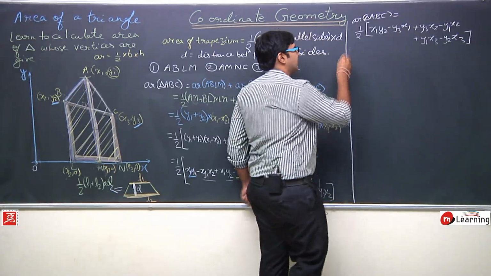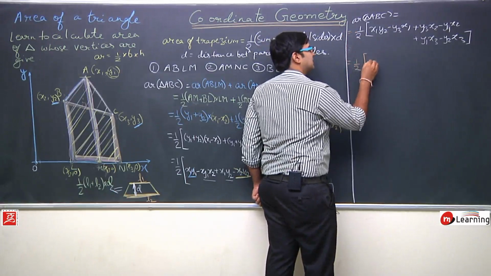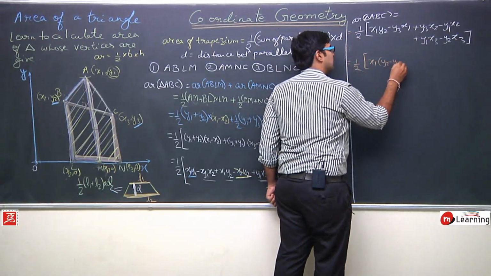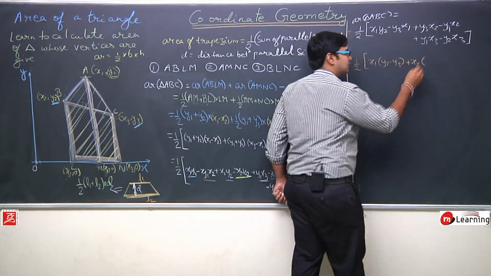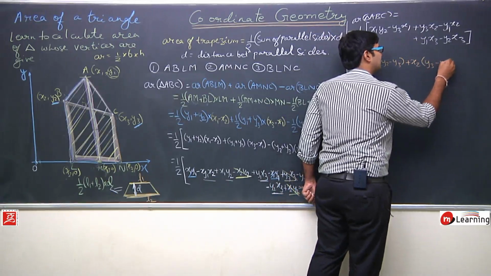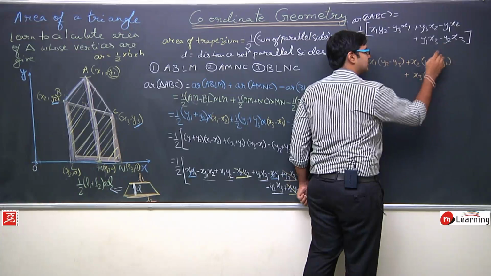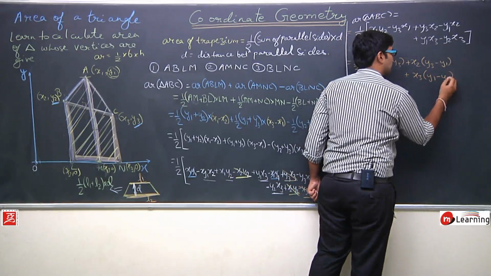Now you can see when you take x1 as common from the first expression, it will give you y2 minus y3. Plus when you take x2 as common from the second expression, it will give you y3 minus y1. Plus when you take x3 common from this expression, it will give you y1 minus y2.